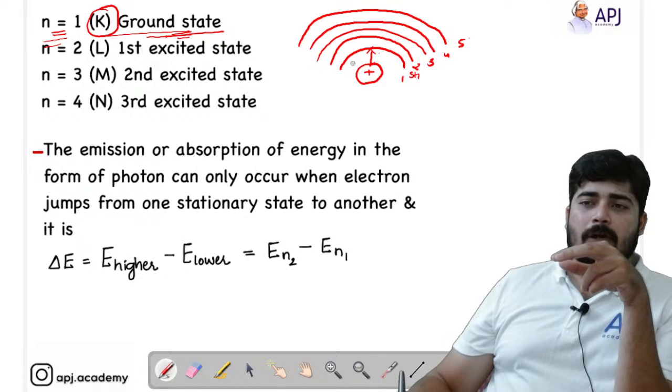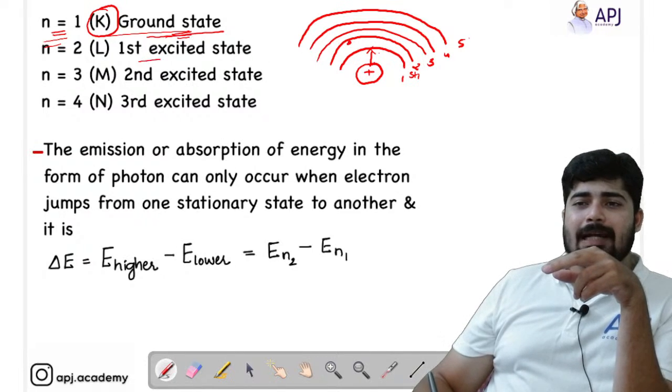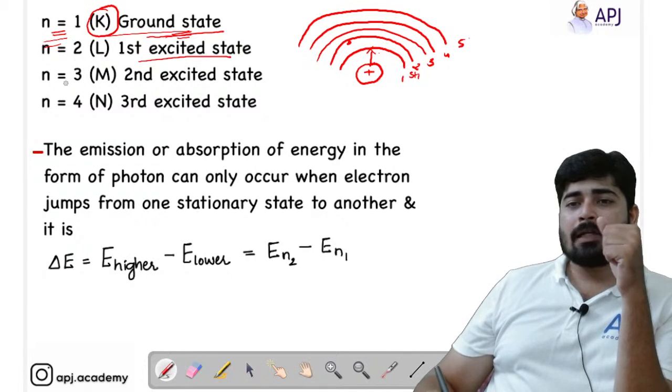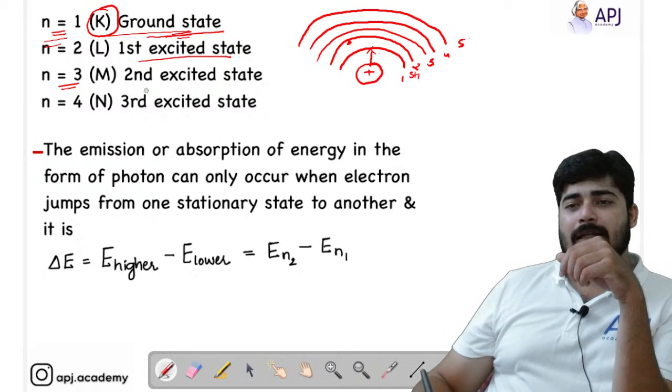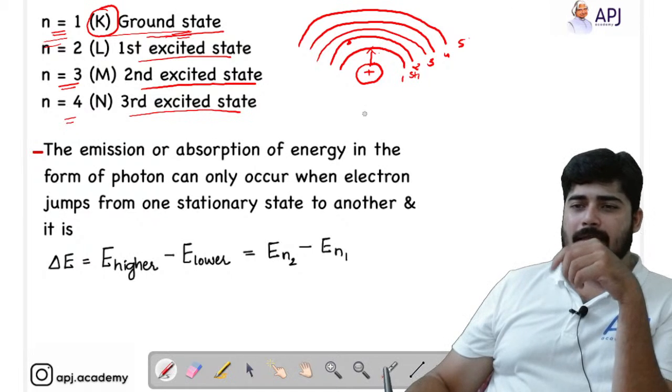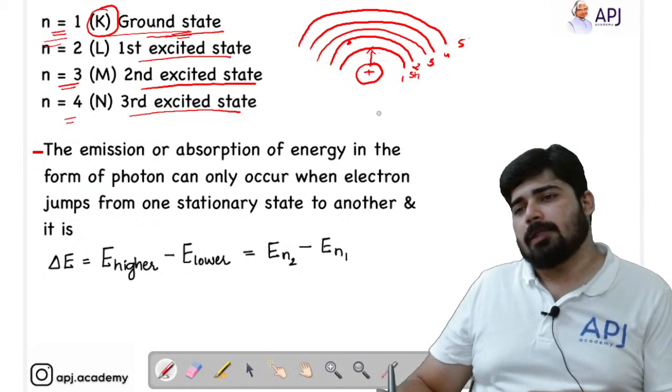And if an electron is present in the second shell, then we call it the first excited state. If the electron is present in the third shell, we call it the second excited state. And for the electron present in the fourth shell, we call it the third excited state. What do you mean by excited state actually?